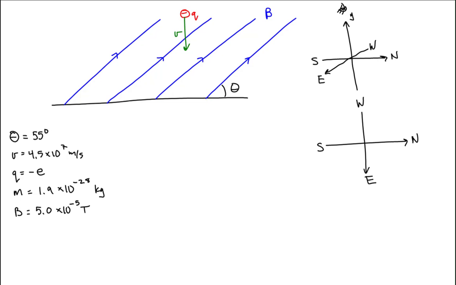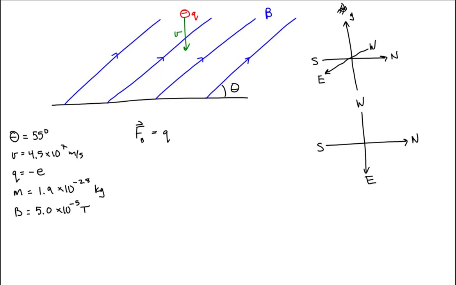Using this information, we have to determine the direction of the magnetic force that the Earth exerts on the muon. So notice we have a charged particle moving across magnetic field lines. Whenever a charged particle moves across magnetic field lines, we know that it's going to experience a magnetic force given by this relationship.